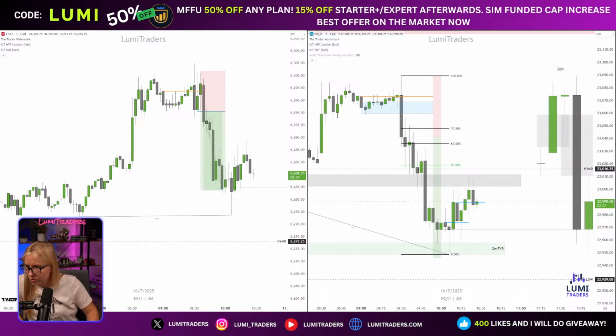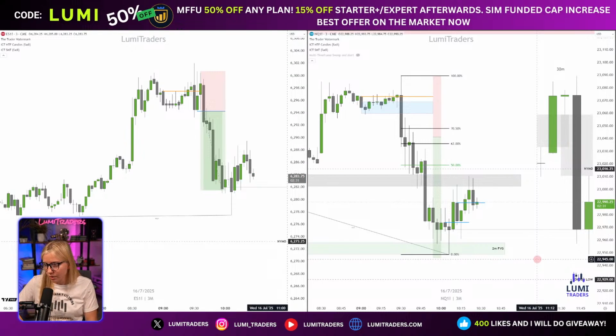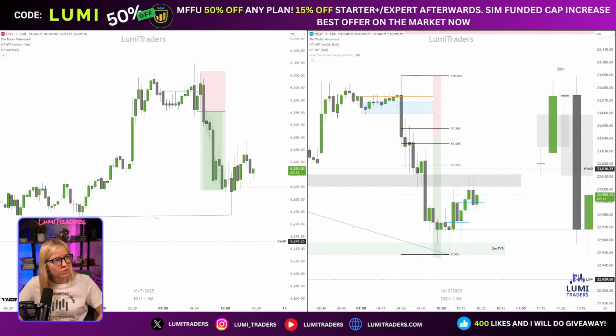Seems like equal lows on Ninja Trader. So yes, I'm quite sure about equal lows. Check twice. Yeah, I mean I'm blind, but I mean, yeah.